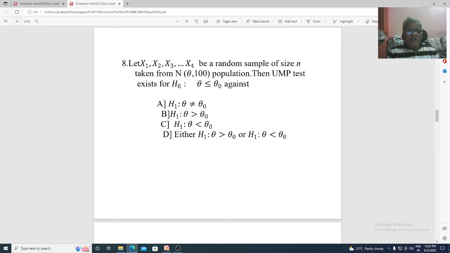Question 8. Let x1, x2, x3, and so on, xn be a random sample of size n taken from a normal theta, 100 population.